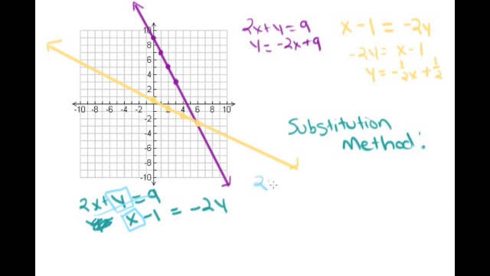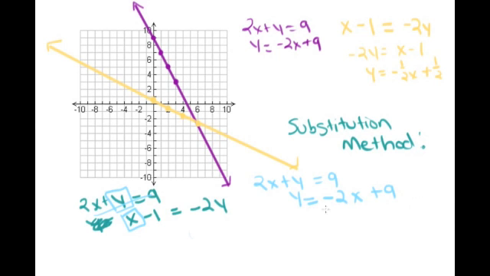So 2x plus y equals 9 is the same thing as y is equal to negative 2x plus 9. So we're basically just isolating it. If we chose to isolate the y, we would put it in slope-intercept form, because we're isolating the y. If we isolated the x, then it would be x equals something, because we're isolating the variable.